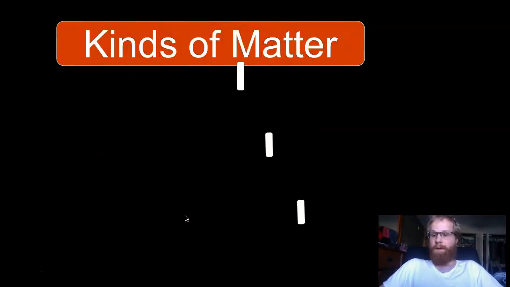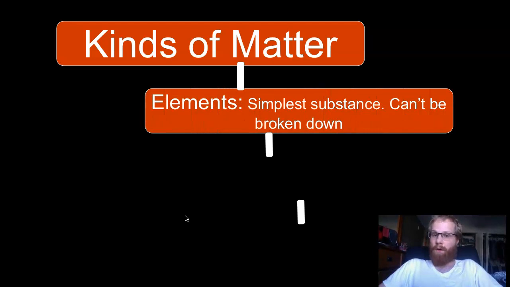So, how does matter exist in nature? In its simplest form, matter exists in what we call elements. And there's this wonderful thing called the periodic table of elements, which we're going to spend a lot of time this year talking about. The periodic table of elements basically shows us all of the simplest substances that exist in nature. A great example of an element is something like oxygen.